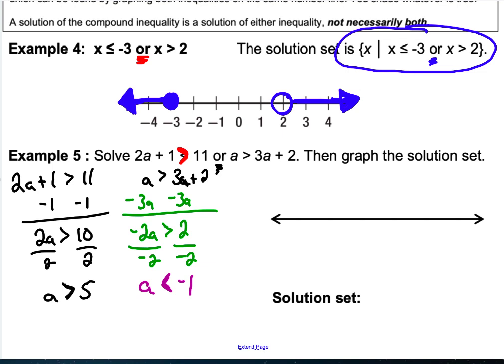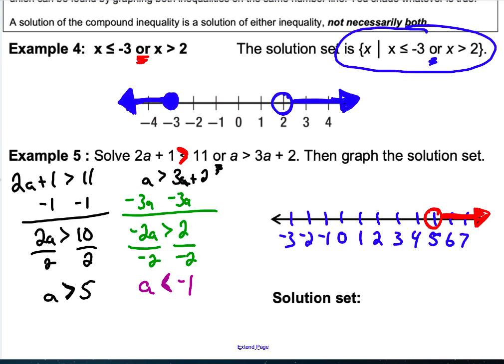So I need a is greater than 5 and a is less than -1. So I'm going to number my number line, but I got to make sure I can fit all of those numbers in there. So I'm going to set up my number line to make sure the important numbers fit within my number line. I want a is greater than 5, so open circle at 5 and shade in numbers that are greater than.